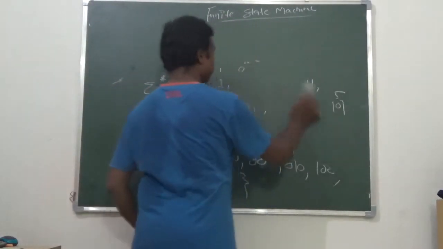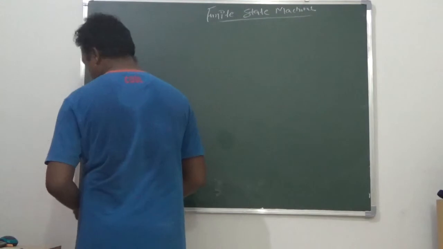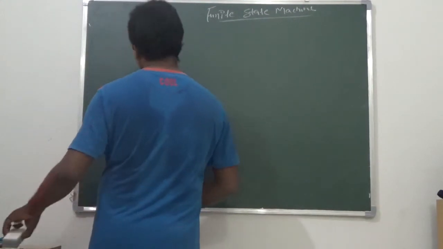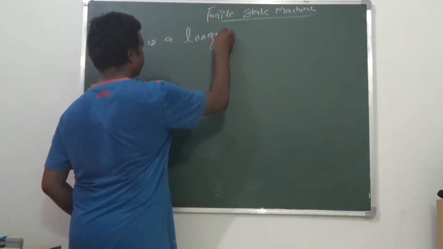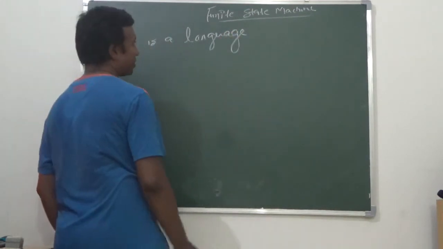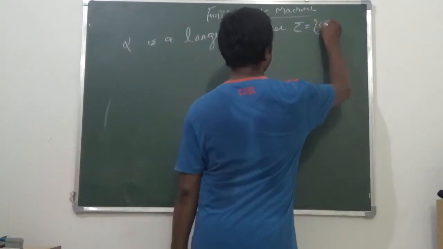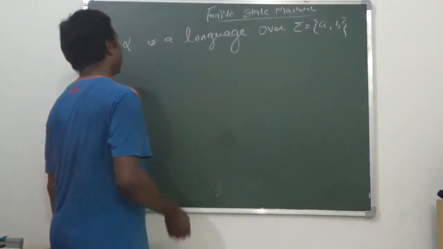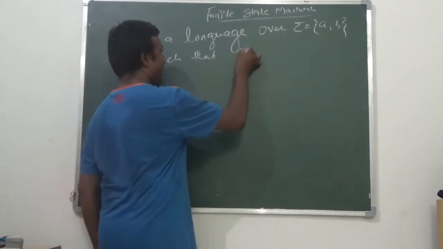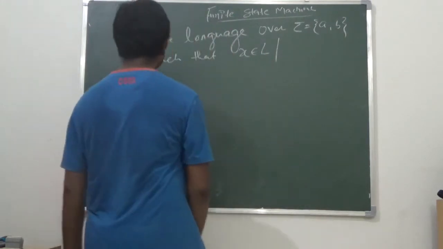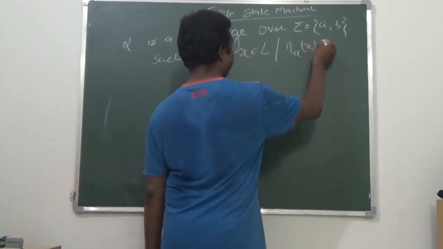Let's take one more example. So L is a language over sigma equal to {A, B} such that if X belongs to L, then the number of A in X is even.